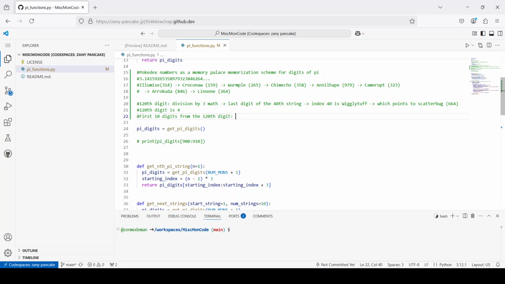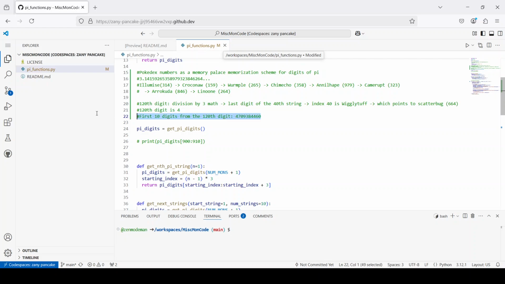Let's say I want the first 10 digits after the 120th digit. I would start with Scatterbug's 4, and then after that would be 709 for Prevenant, then 384 for Rayquaza, then 460 for Abomasnow, and so on like that.